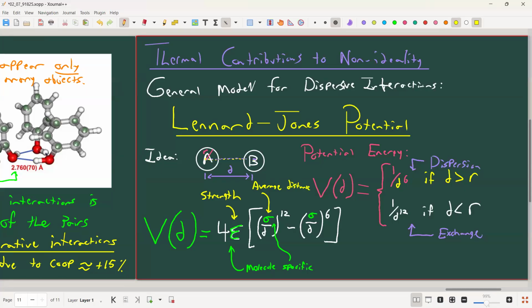So, if this were two helium atoms, epsilon is really small. And as we'll see, sigma is really big. But for water, for instance, epsilon is very big and sigma is very small. Waters like to be close, they're really strongly bound. Heliums don't like to be close, and therefore like to be far away.